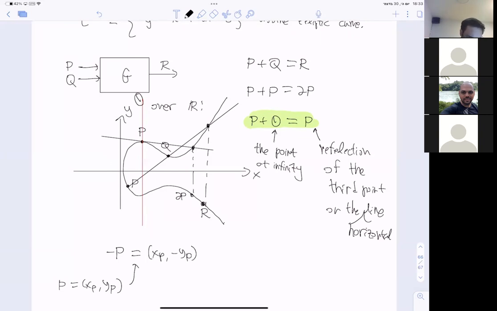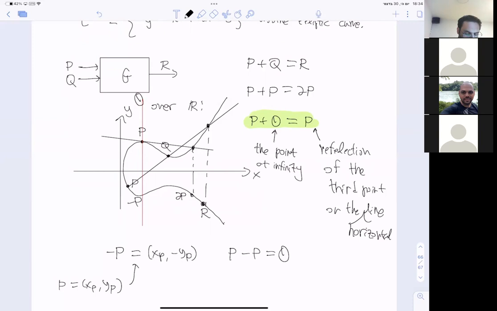This is minus P, because P plus minus P: the third point on the line is O. So P minus P is O. This is the way we do it in elliptic curves.